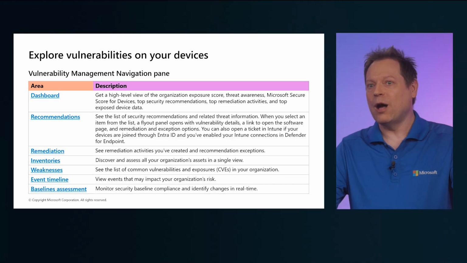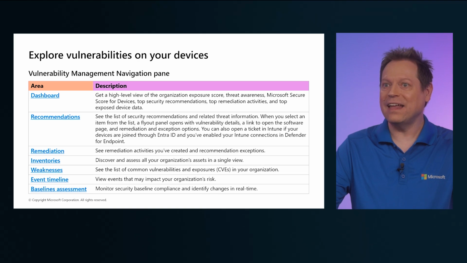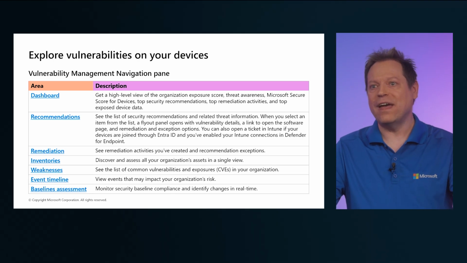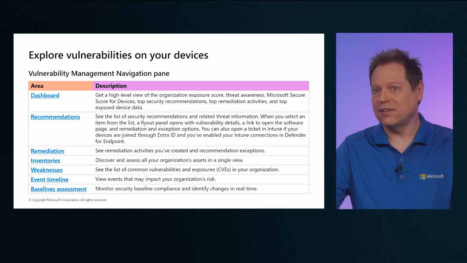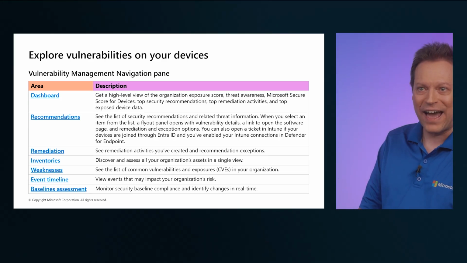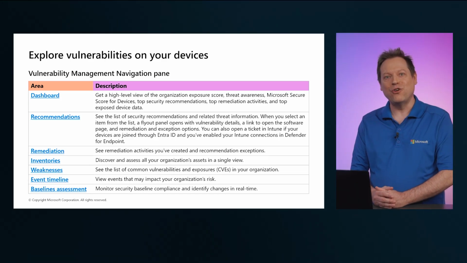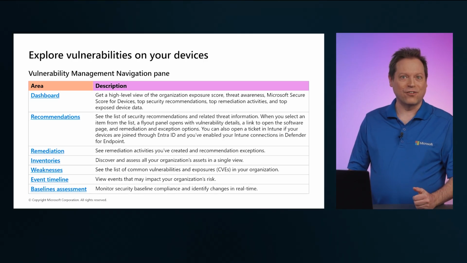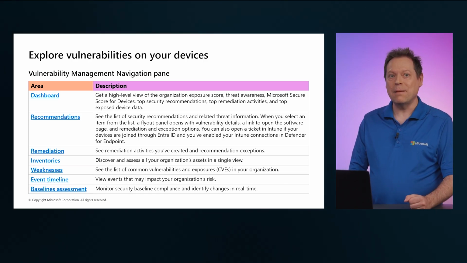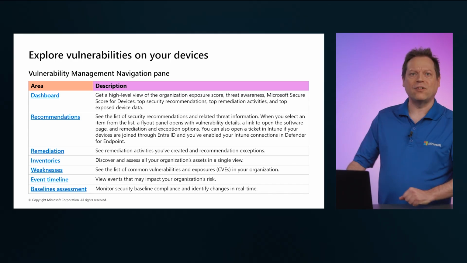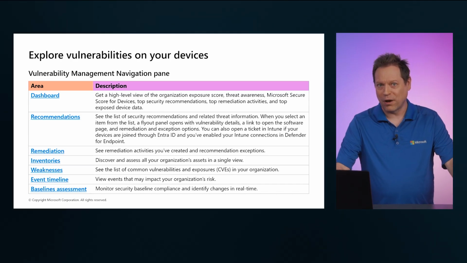Remediation view helps track active fixes and exceptions, while Inventory provides visibility into all organizational assets. Additional views highlight known weaknesses, recent events that impact risk, and baseline assessments for compliance monitoring.